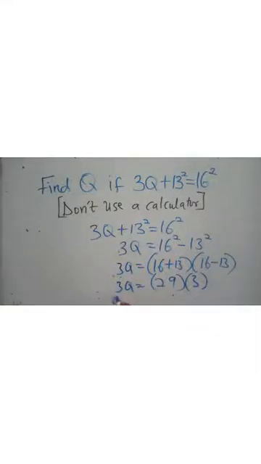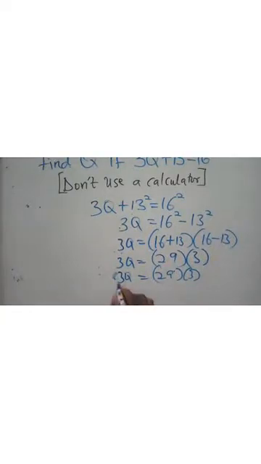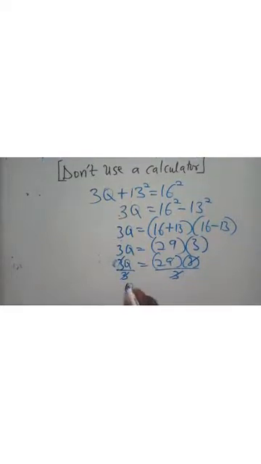So when you divide by 3, you have this leaving, and you are now left with Q equals 29. So that is very simple.